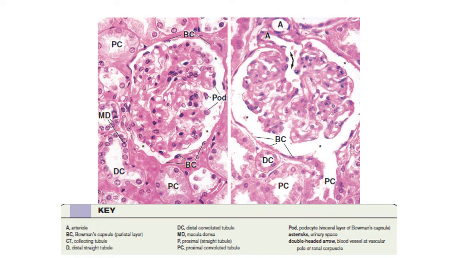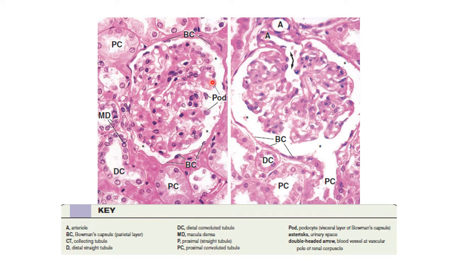Again, just a recap of the glomerulus, and as you can see here, this is the glomerular tuft of capillary that's surrounded by Bowman's capsule. Bowman's capsule consists of two layers, parietal layer and a layer in intimate contact with the glomerular capillaries, which is called the visceral layer.